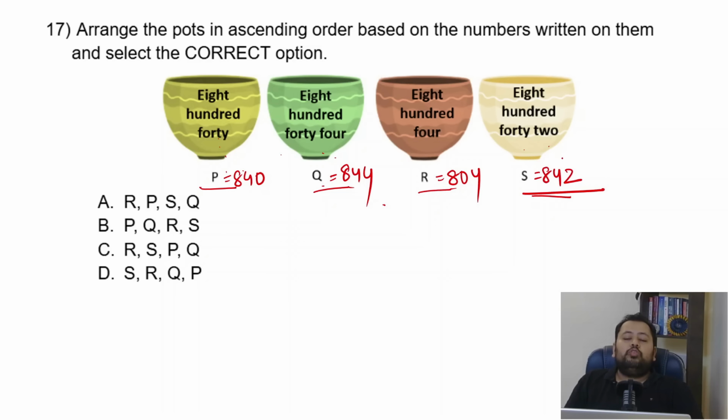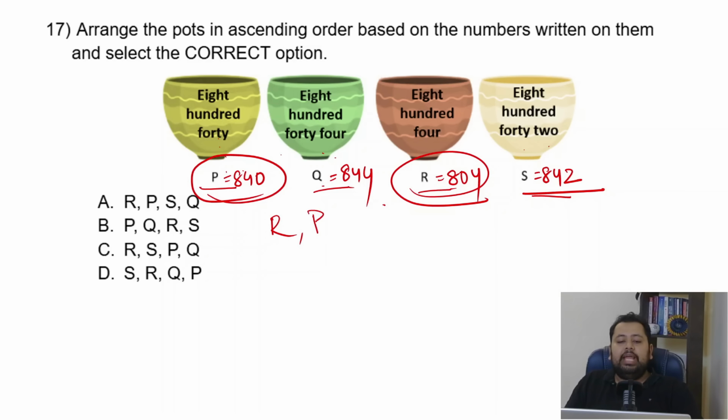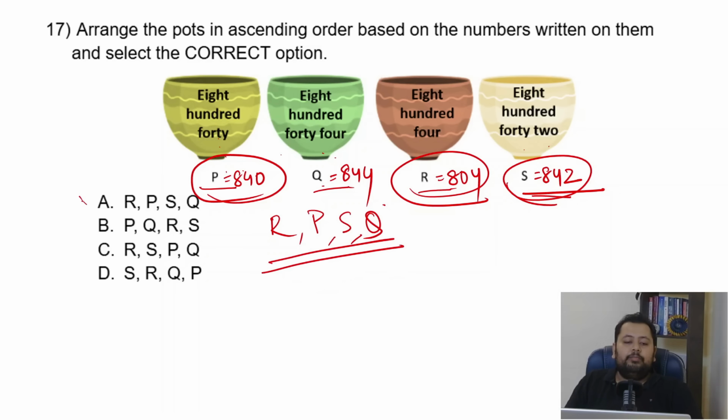Correct? So which one of these is smallest? The smallest here is R, that is 804. The next smallest is P, which is 840. Then we have S and then Q. So RPSQ, option number A is your correct answer.